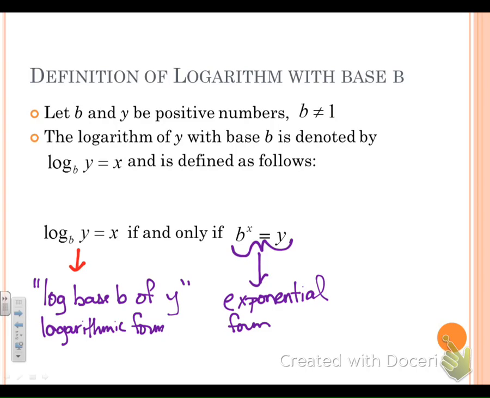There's a sort of circular motion with these. If you're going from one form to the other, so if I'm going from logarithmic to exponential, I'm going to write base b to the x equals y. See the circular motion, how I'm going base b to the x equals y.